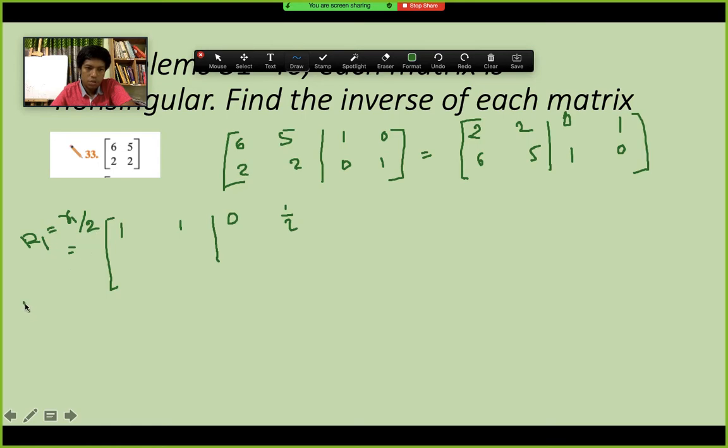Then R2 equals row 2 minus 3 into row 1. So 3 into row 1 means 2 into 3 means 6. 6 minus 6 equals 0. So 0 here. Then this is 3 into 2, 6. 5 minus 6 equals minus 1.